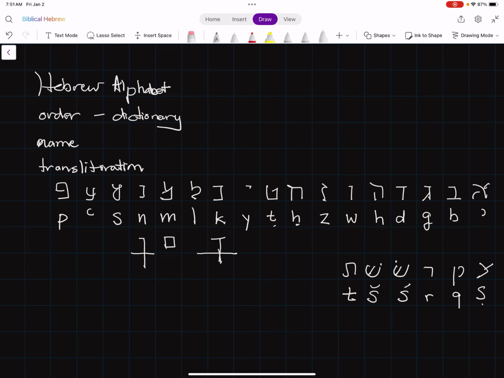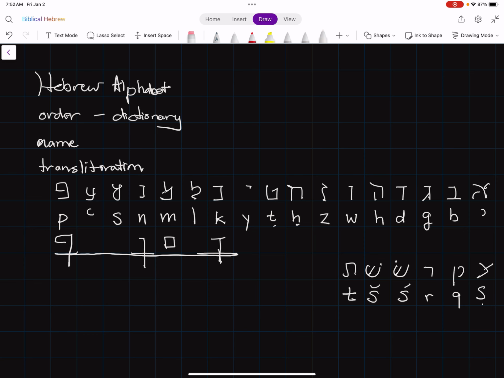And then, of course, we have Pe, with the long elongated leg. Again, this is not part of the alphabet. This is just, as if there was an invisible line there, you'll see the long extension of the leg.